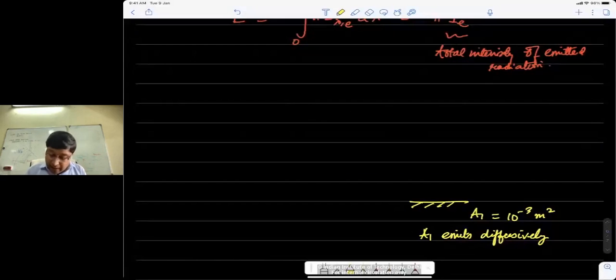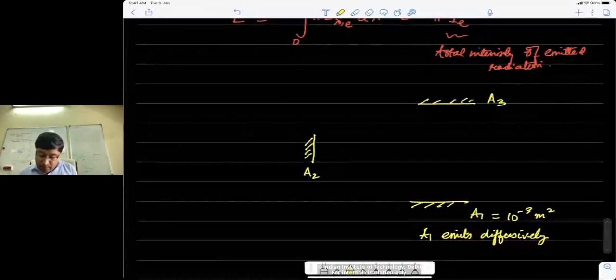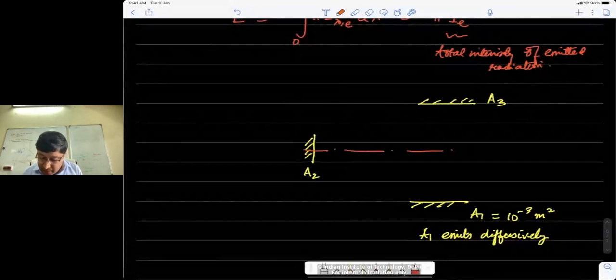Say we have two other areas in the problem, one here and one here. Let's say this is A2 and this is A3. They are at the same distance. This has a normal vector here, and these two have the same normal vector.